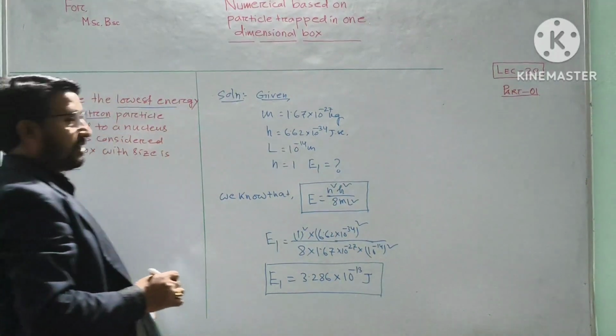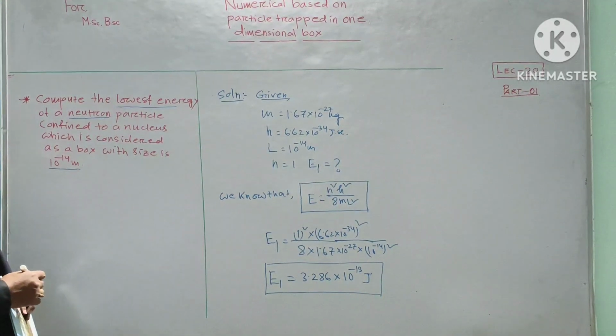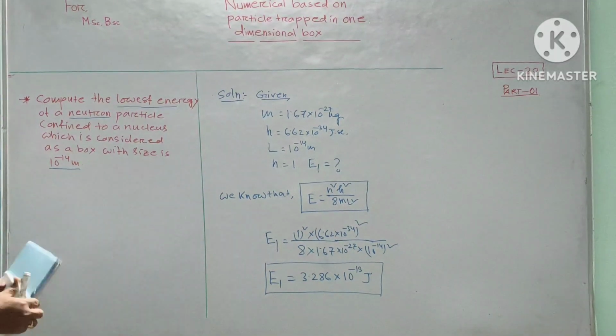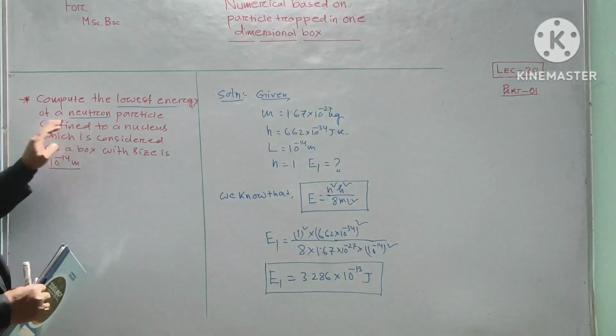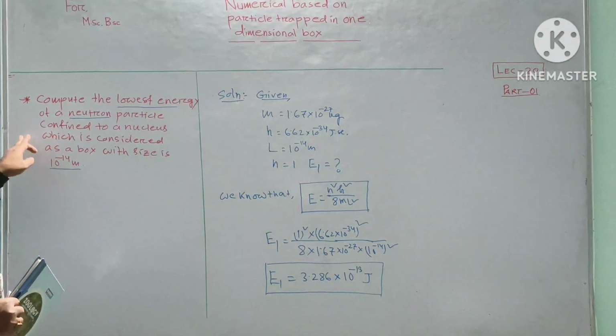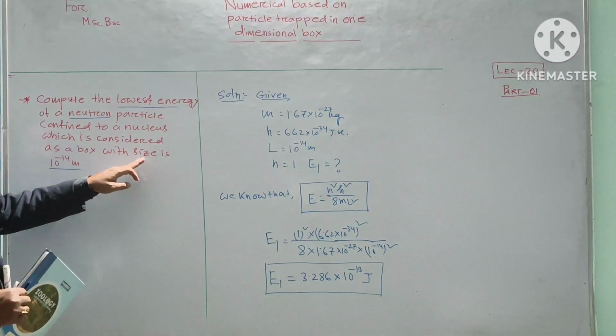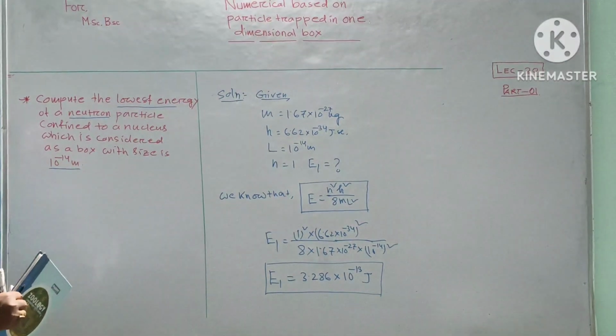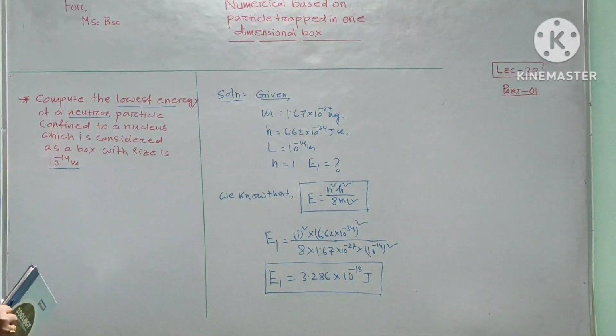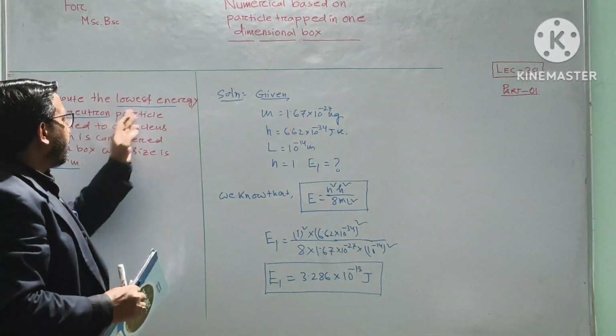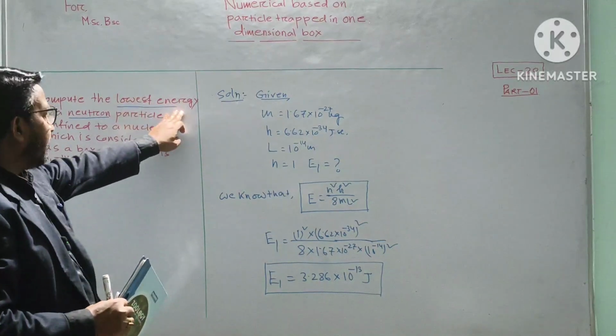For your better understanding, I am going to repeat this once again. The statement of this question: compute the lowest energy of a neutron particle confined to a nucleus which is considered as a box with size 10 to the power minus 14 meter. So the given information: lowest energy, that means ground state energy.